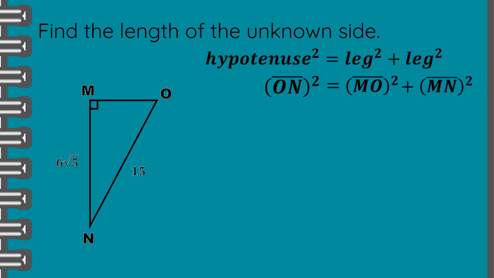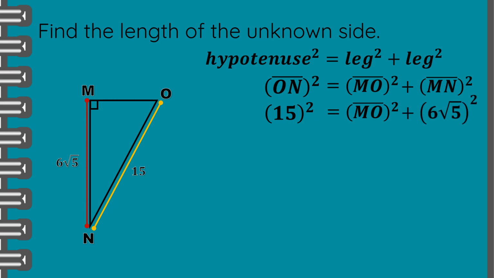So the square of segment ON, the hypotenuse, is equal to the sum of the squares of the two legs, which are segment MO and segment MN. By substitution, we have segment ON is 15 units long, segment MO is the unknown, segment MN is 6 square root of 5 units long.